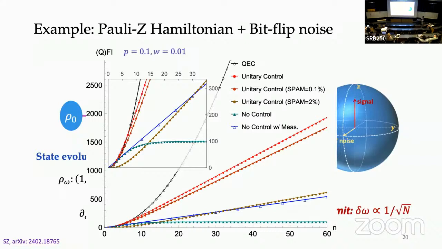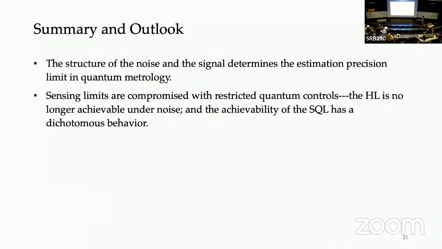So, okay, to summarize, I demonstrate that the structure of noise and the signal determines the estimation precision limits in metrology. And also, I show that the Heisenberg limit is no longer achievable on qubit noise, but the achievability of the standard quantum limit has a new dichotomous behavior.